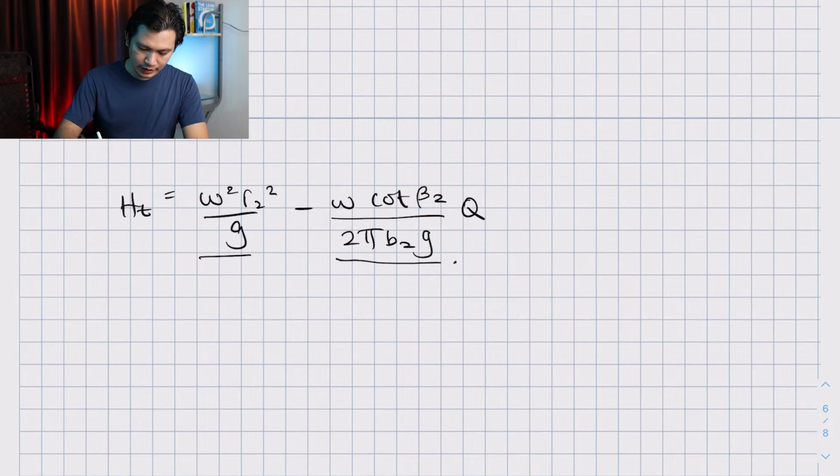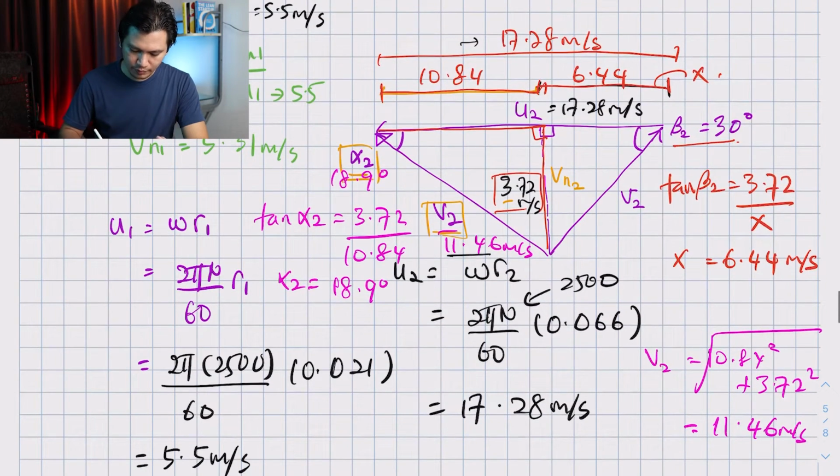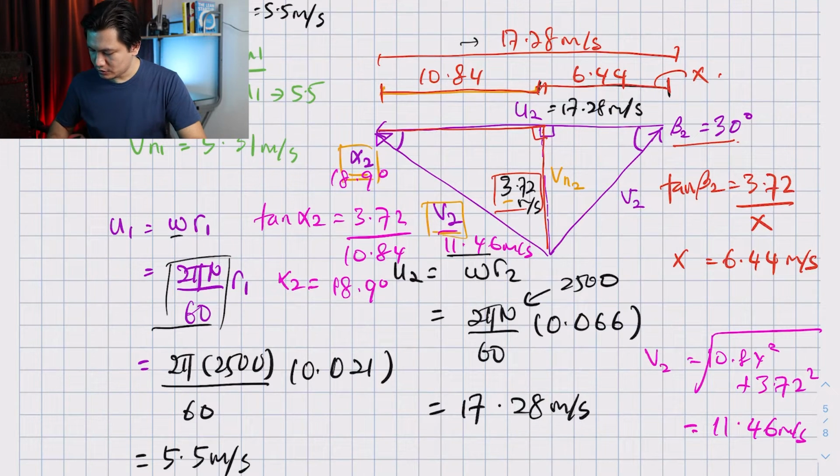Now let's plug in all the numbers into the equation. So what is our omega? I believe we did not calculate the omega. Omega is 2 pi n divided by 60. So this is 2 pi times 2500 divided by 60.